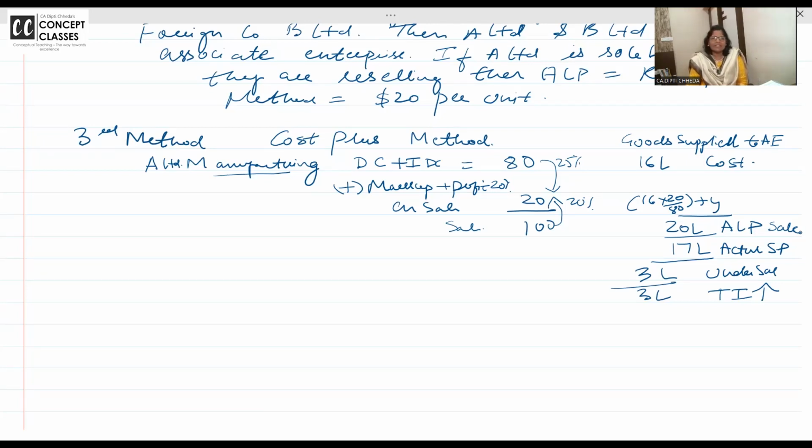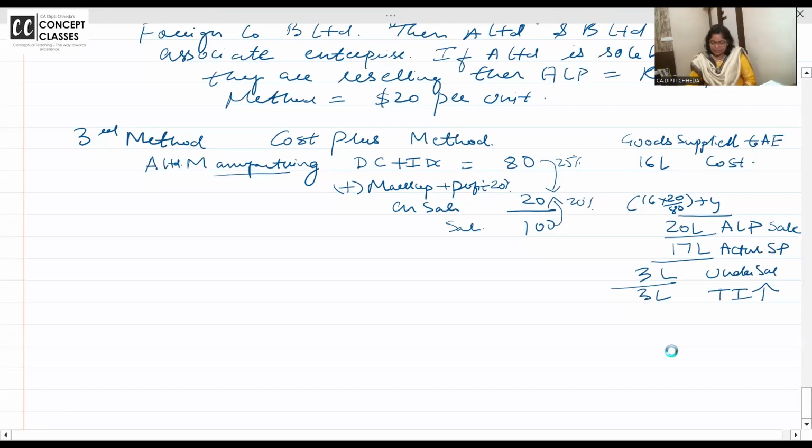I sold at 17 lakhs. 3 lakhs is the undersale. So now what do you do, increase the total income, right? Okay. So with this concept in our mind, let us work out problems for the third method. Oh, sorry, let me go to the problem sheet.